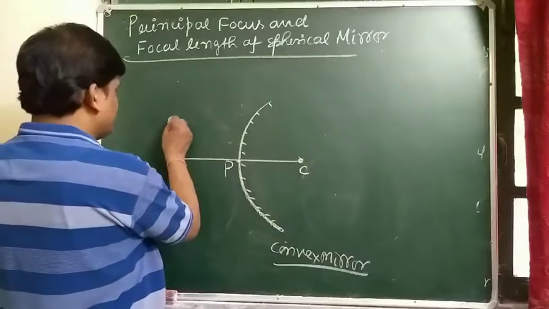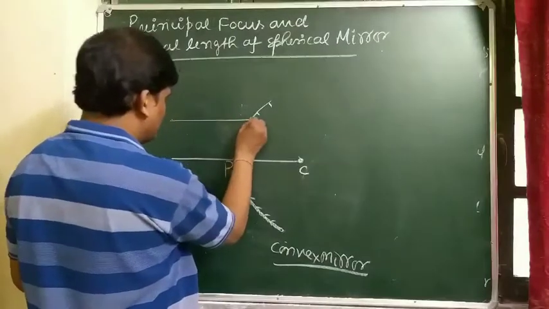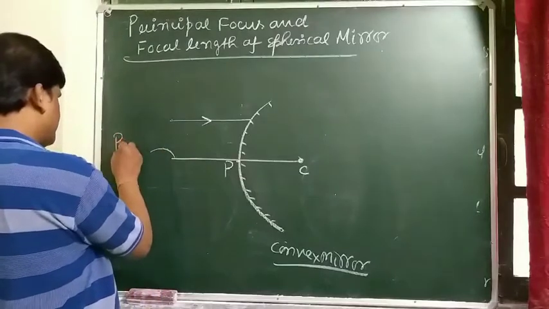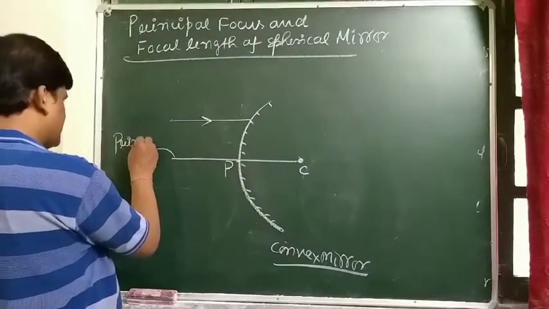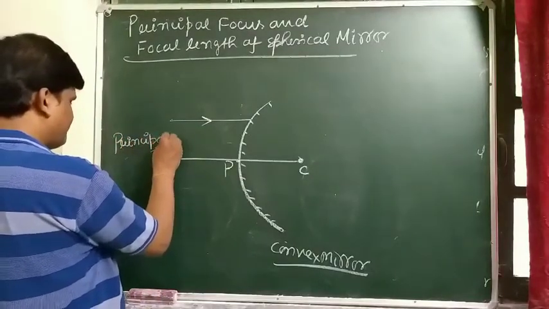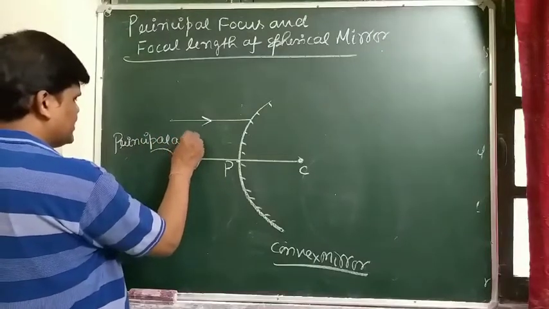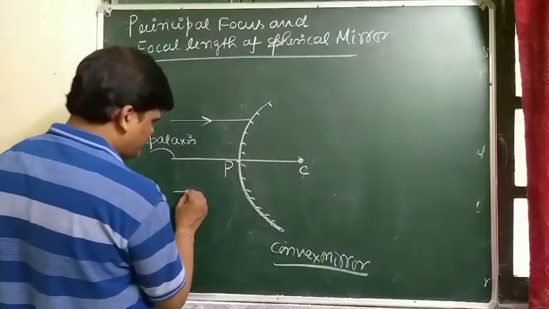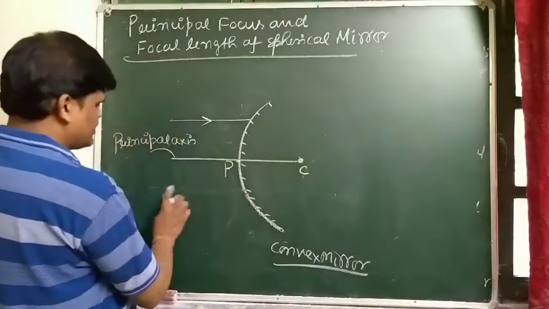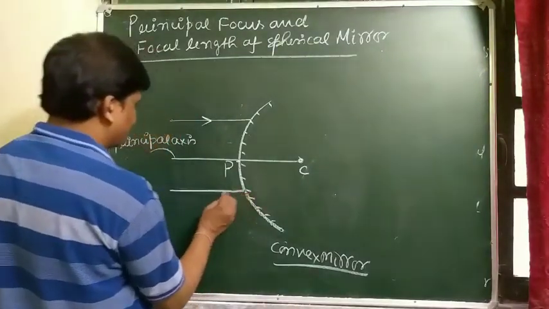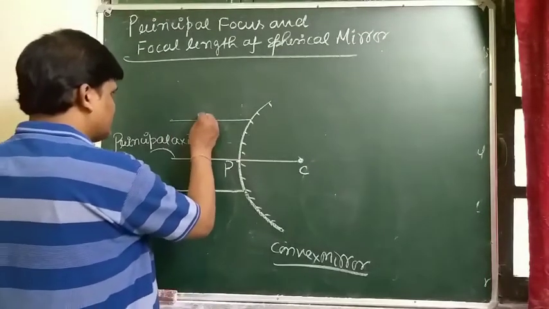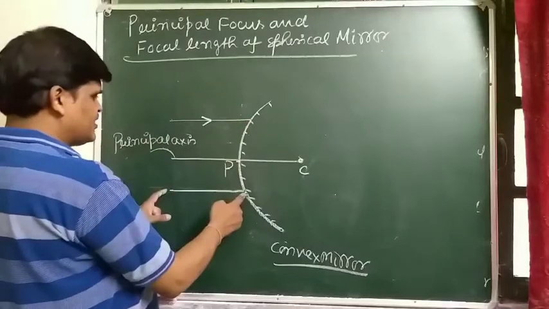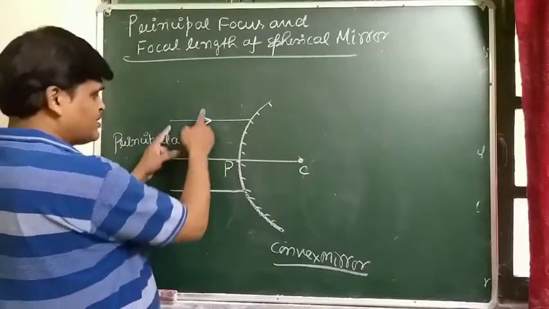And student, same, if a ray is applied parallel to the principal axis, you know that this is the principal axis. See the diagram carefully. This is the incident ray, which is parallel to the principal axis.